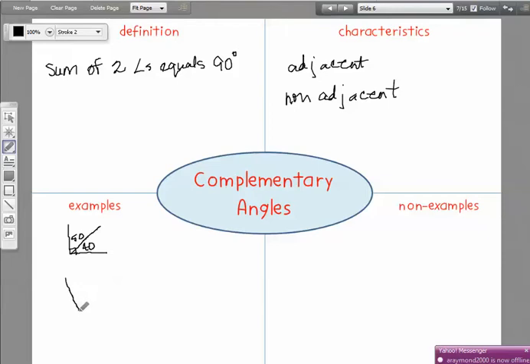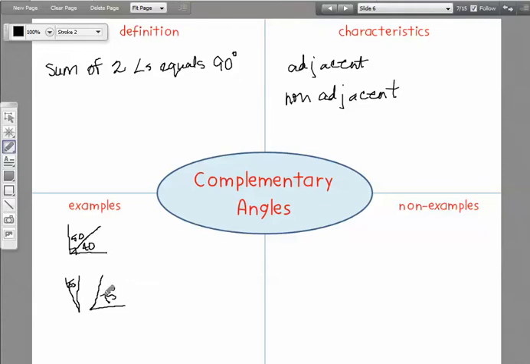Now I can come over here, say I've got this angle, again with not very straight lines, that's 25 degrees, and then I've got another angle that is right here and it's 75 degrees. Oh wait, does that add up to 90? No, it doesn't.